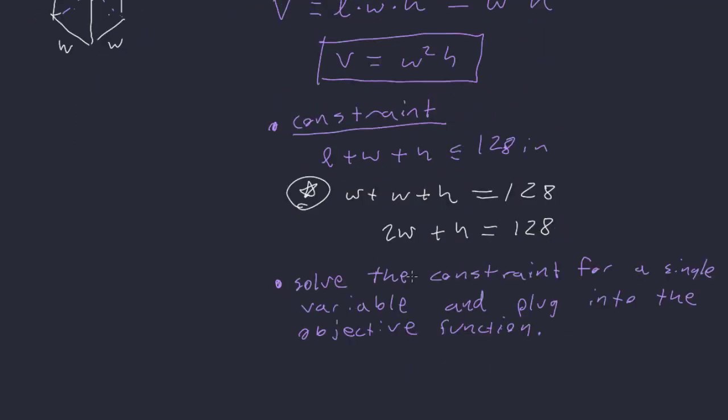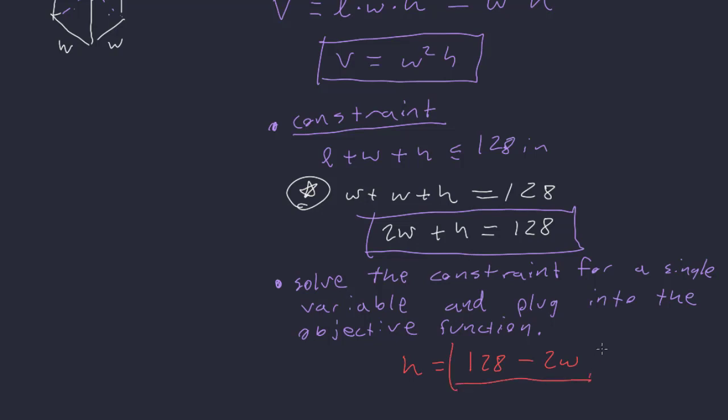Now that we have the constraint and the objective function, we're going to solve the constraint for a single variable and plug it into the objective function. And again, it doesn't really matter which variable you solve for. I always just choose the one that takes the least amount of steps. So I'm going to move the 2w over, so I have that h is equal to 128 minus 2w. And we're going to plug this in for h in our objective function.